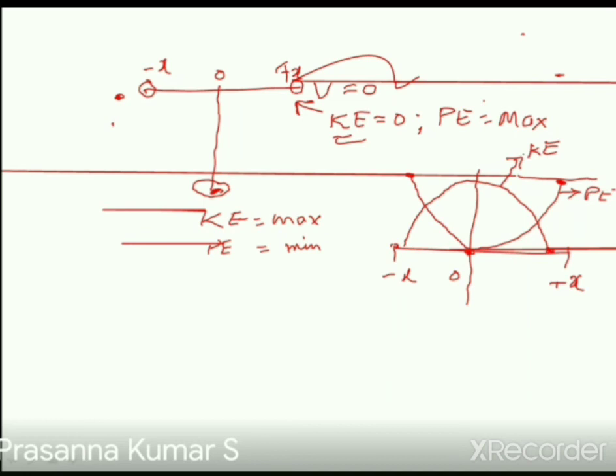When the swinging bob comes to the mean position, since the force is 0, according to Newton's laws of motion, a body or a particle continues to be in the state of rest or motion, isn't it?